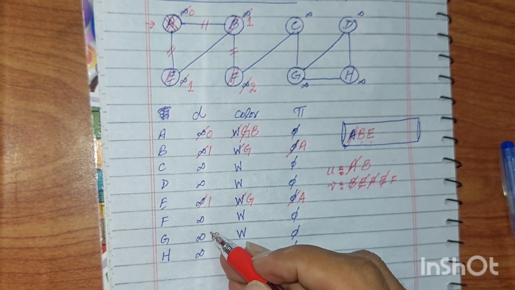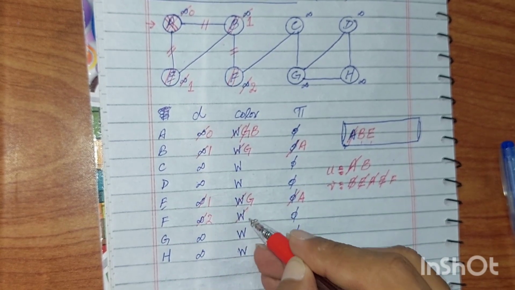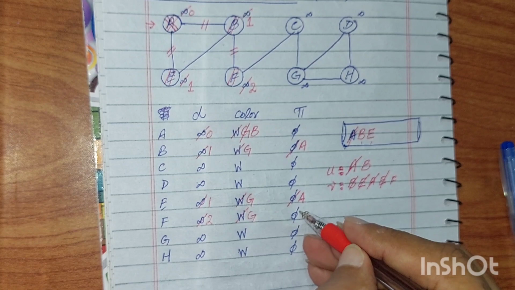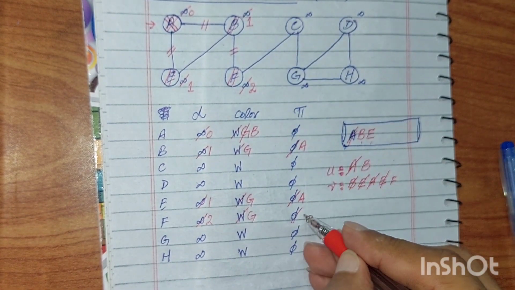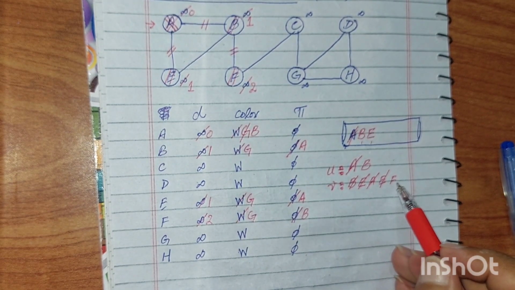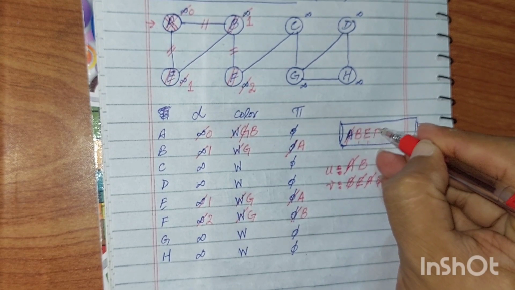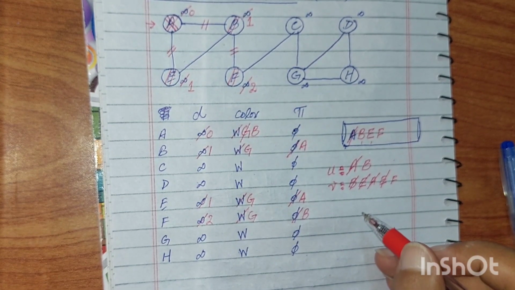So the distance of F is 2, the color is gray, and the parent is B. And then we insert this F into Q. So this is all done.